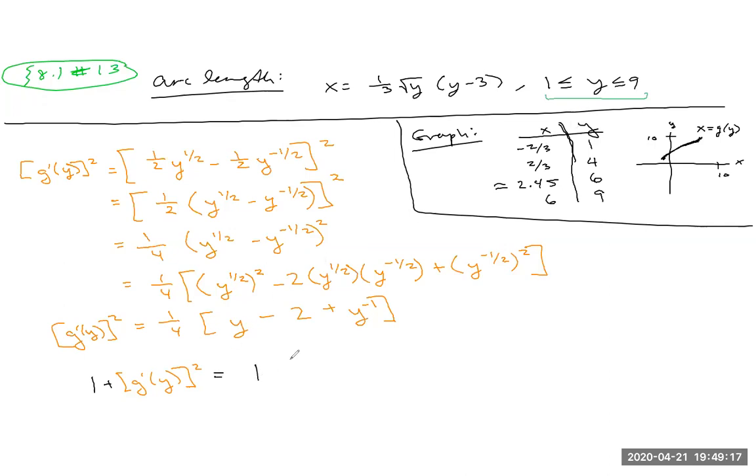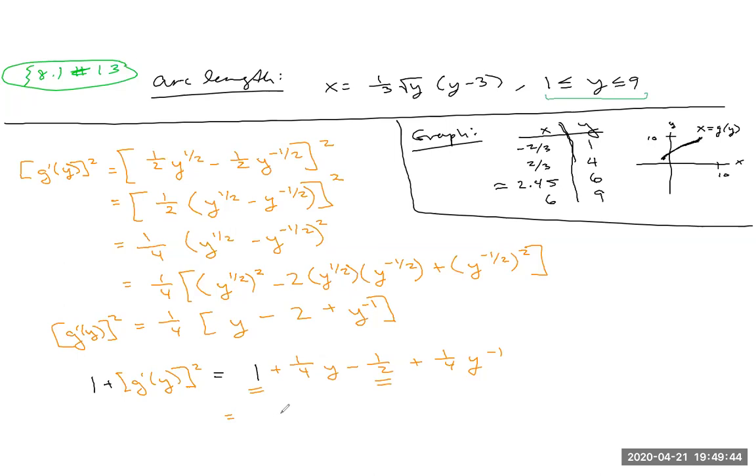So that's 1. And then you have plus, I'm going to go ahead and distribute the 1/4 to each of the items in this big factor here. So I have a 1/4 y minus 1/2 plus 1/4 y to the negative 1. I have like terms here.